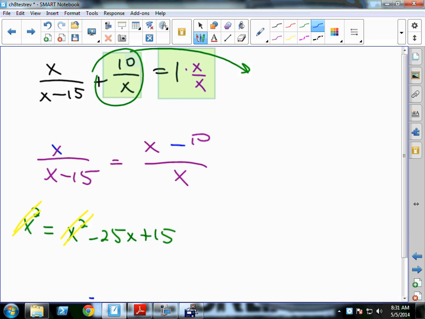I said 150, but I didn't write 150. 25x equals 150. So x equals 150 divided by 25. That's, I believe, 6. It'll be 6. Said 150 and wrote 15. Because that happens. Question.